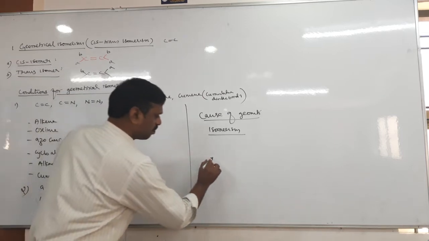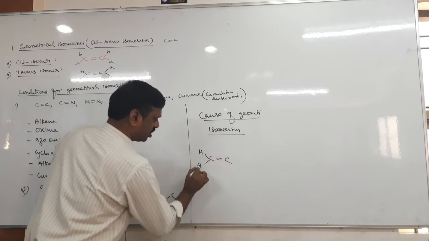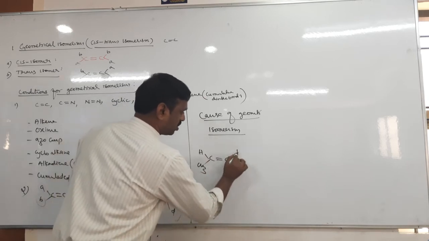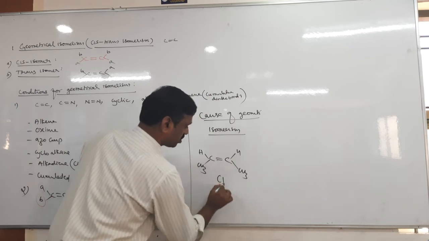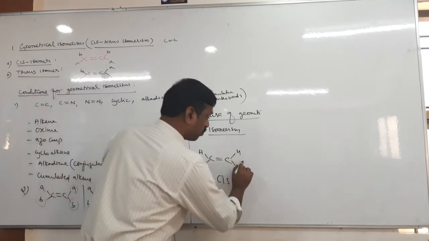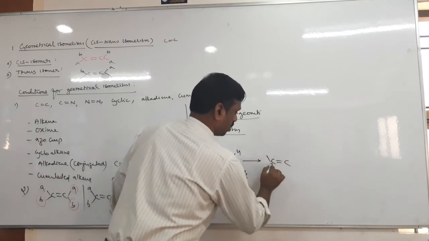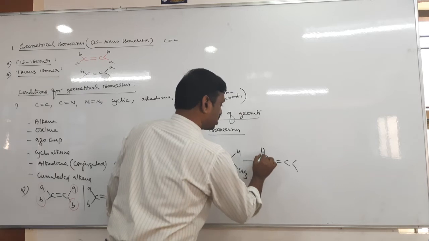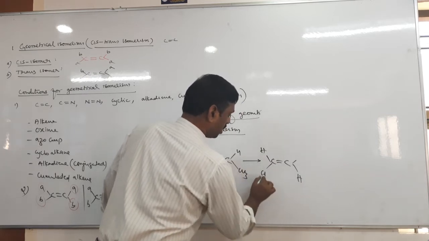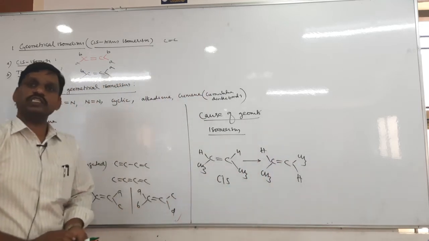See, for example, I'll take a carbon-carbon double bond with H and CH3, which is called cis. Can you tell me, does cis convert into trans? Let us say in trans the H's are opposite and the methyls are opposite. Is this conversion possible?